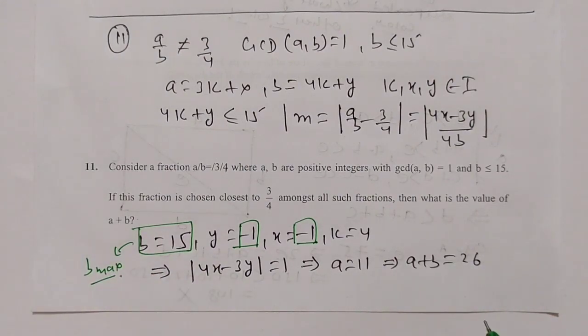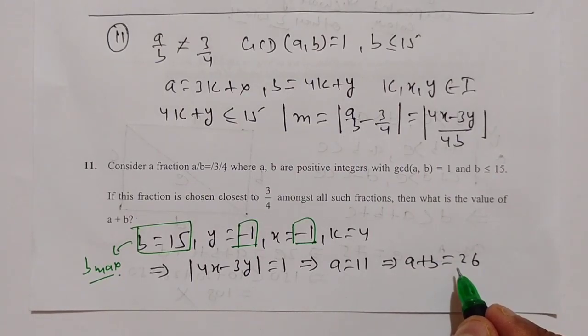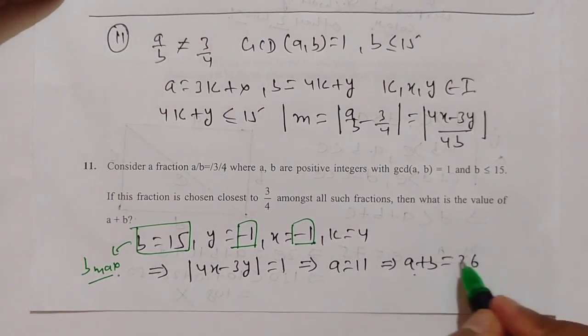So finally, the number 26 is the largest possible sum, the value of a and b as a sum. So a plus b will be 26.